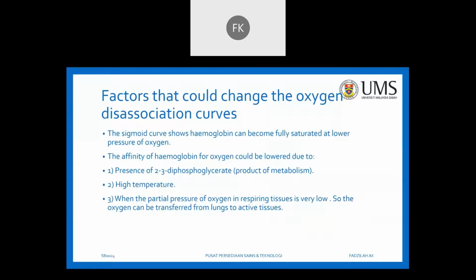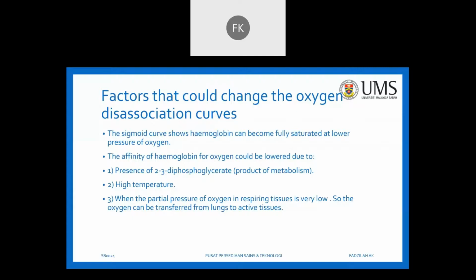Factors that could change the oxygen dissociation curves. Okay. Usually the activity, what you are doing. The sigmoid curve shows hemoglobin can become fully saturated at lower pressure of oxygen. The affinity of hemoglobin for oxygen could be lowered due to: 1. Presence of 2,3-diphosphoglycerate. Okay, it is a product of metabolism. 2.